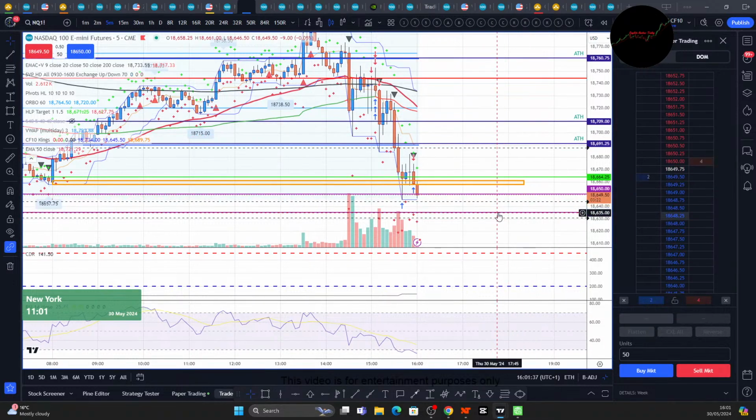Yep, the move down to 35 is seeming a little bit tempting here. We're to go short here. It's a very tight window.